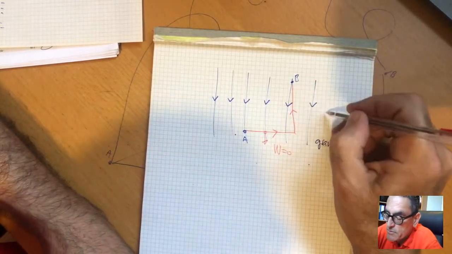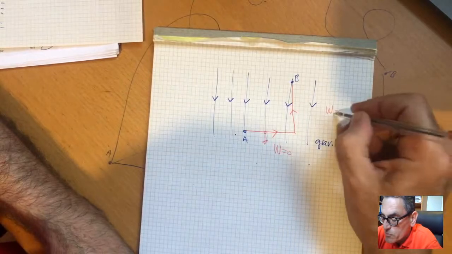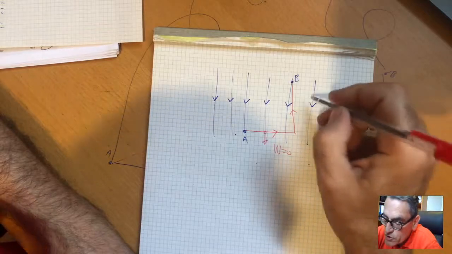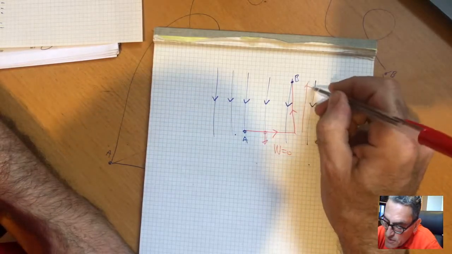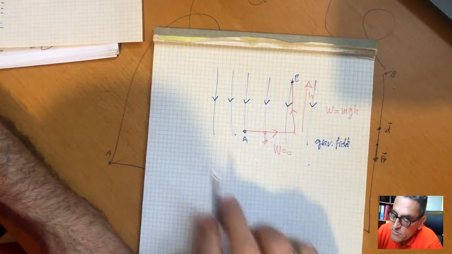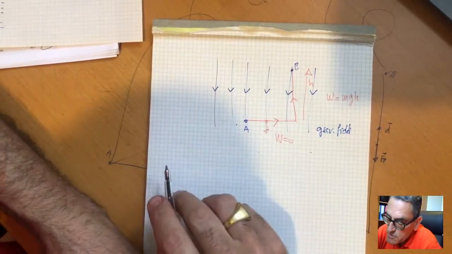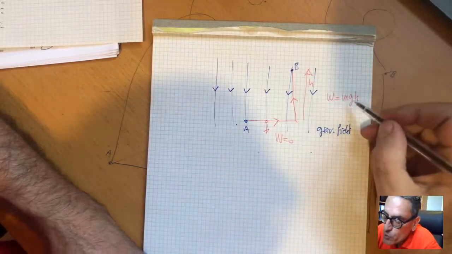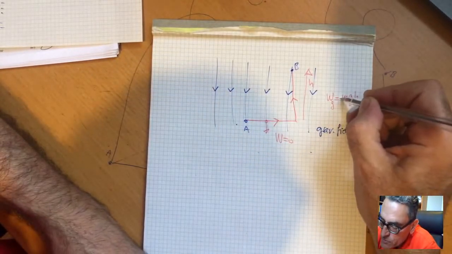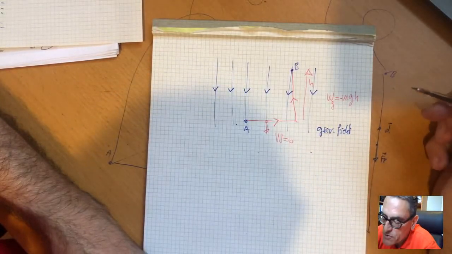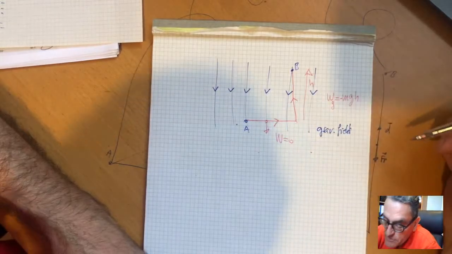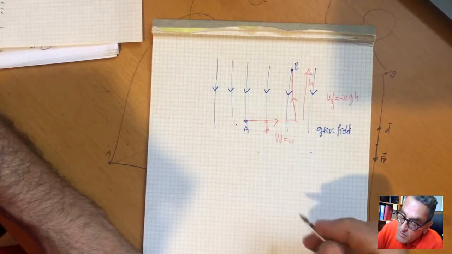Here we go up, so here we do work, which is mgh, where h is the height between the level of point A and the level of point B in the gravitational field. To be precise, the work done by the gravitational force is minus mgh, because the gravitational force is pointing down and h is pointing up.